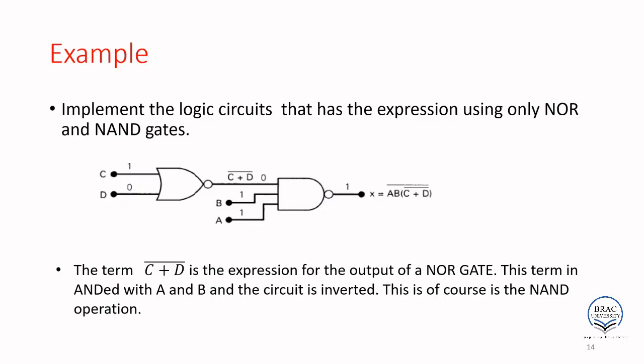A and B will be multiplied, and that will be multiplied with C plus D. As we have an inverter, the term C plus D bar is the expression of the output of a NOR gate. The term is ANDed with A and B, and the circuit is inverted. This is, of course, the NAND operation. So this circuit we implemented using NOR and NAND gates.